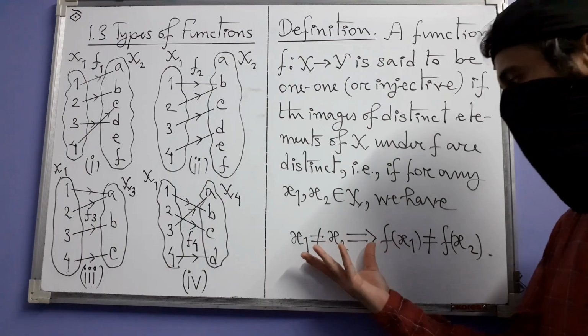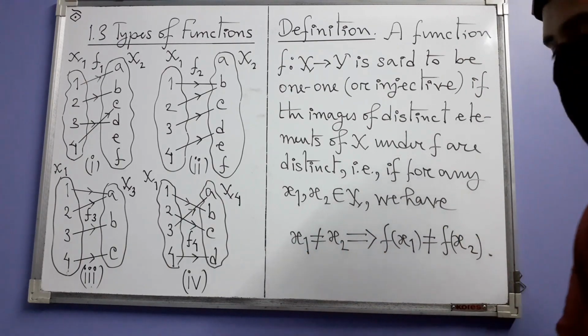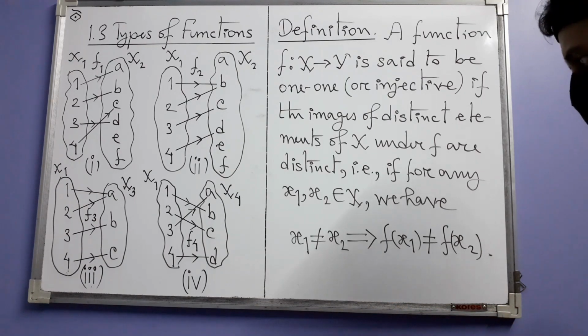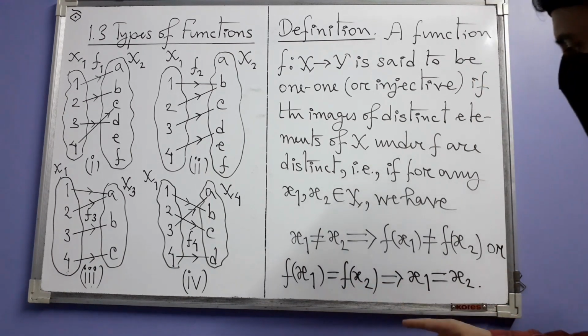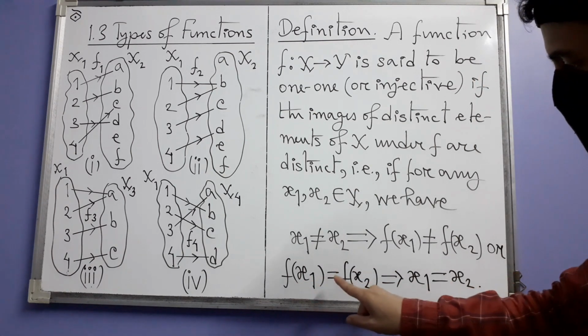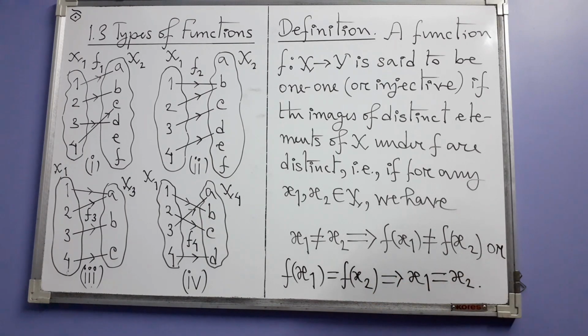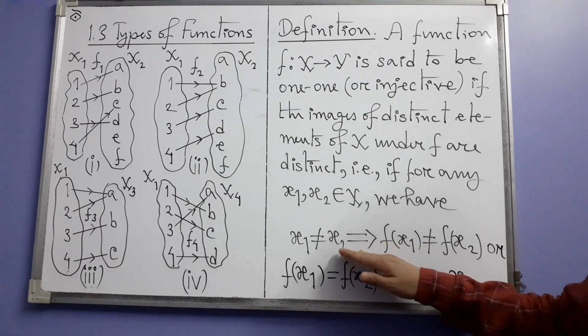Now, in place of this condition, you can write another condition which is logically equivalent to this, which is this implication: if f of x1 is equal to f of x2, then x1 is equal to x2. Why is this logically equivalent to this?